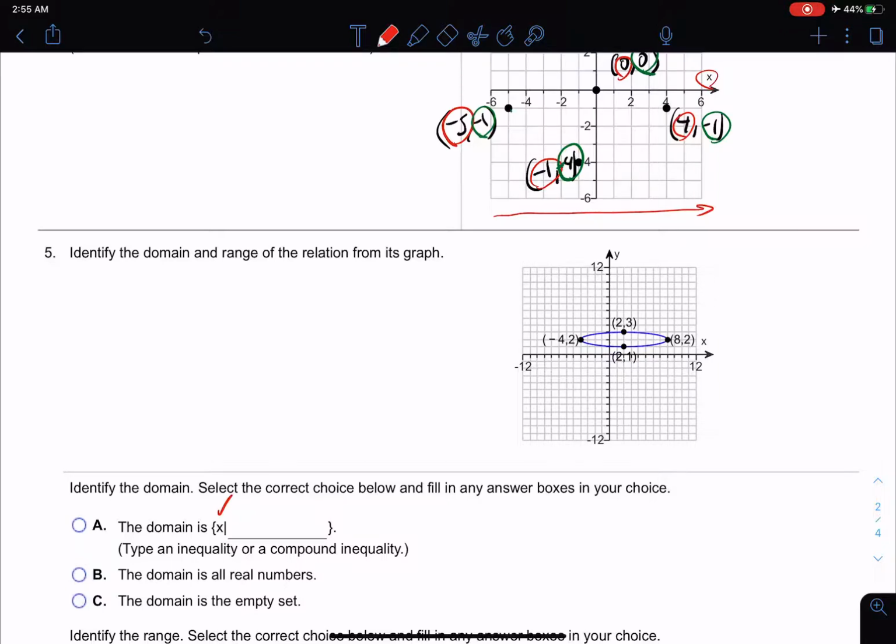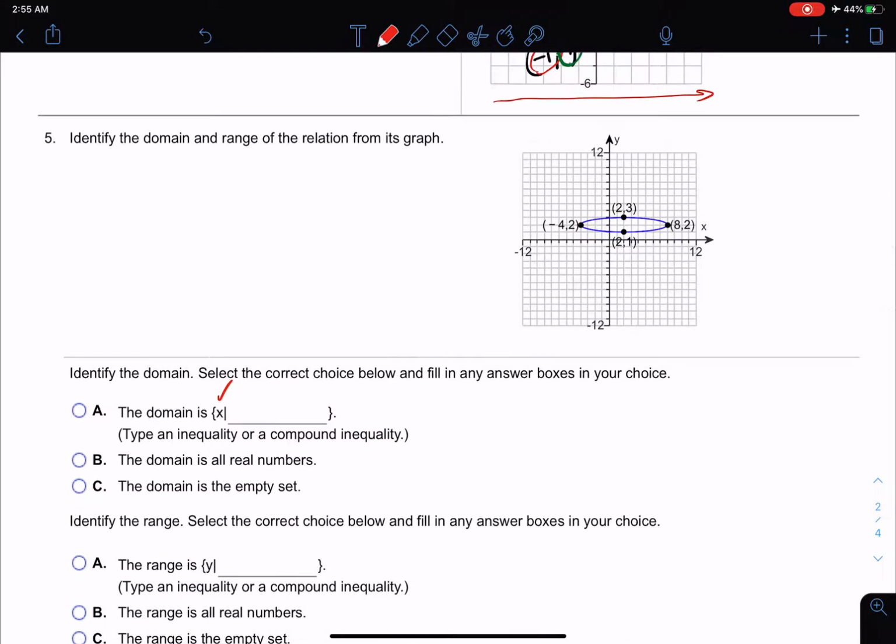Identify the domain and range. The domain is the set of all x's such that, and then we just write our inequality right here. Remember, our domain is the set of all x values, and x values go left and right. So I'm going to make a mark right here. That's my smallest x value, which is -4.